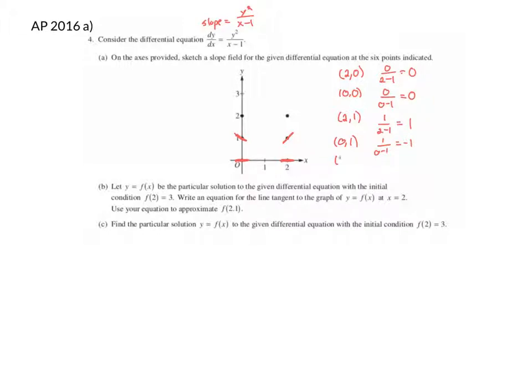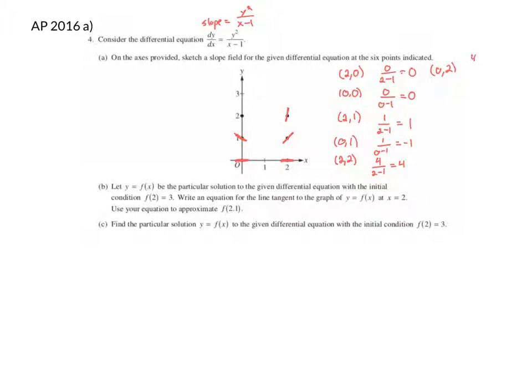And then at the point 2, 2, we've got 4 over 2 minus 1, which would be a slope of 4. So I'm just going to make this pretty steep.